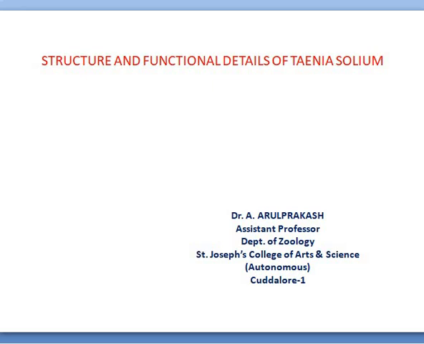The common species are Taenia solium, the pork tapeworm, Taenia saginata, the beef tapeworm, Taenia acanthareus, Taenia nana, Taenia pisiformis, Taenia canium, Taenia cucumaria, and Taenia madagascariensis, commonly found parasitic in dogs and cats.